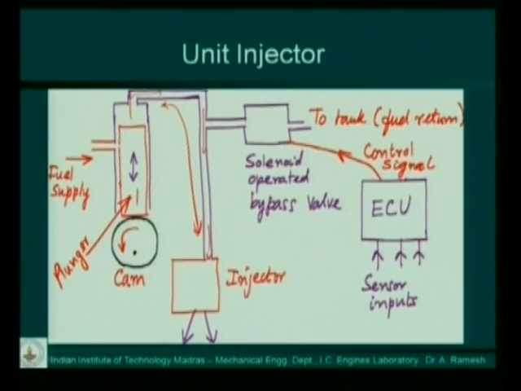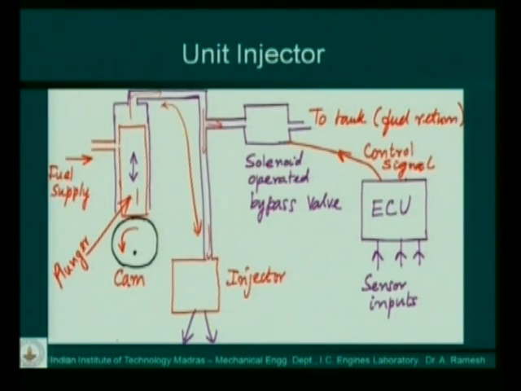Now if you look at how this works, when the plunger moves up, fuel will be pumped by the plunger, and this fuel will go to the injector and it can get sprayed through the injector. But you also have a bypass line which is controlled by the ECU. If the ECU keeps this bypass line open, fuel will not flow through the injector, it will simply flow back to the tank. When it closes this bypass valve, fuel will flow through the injector.